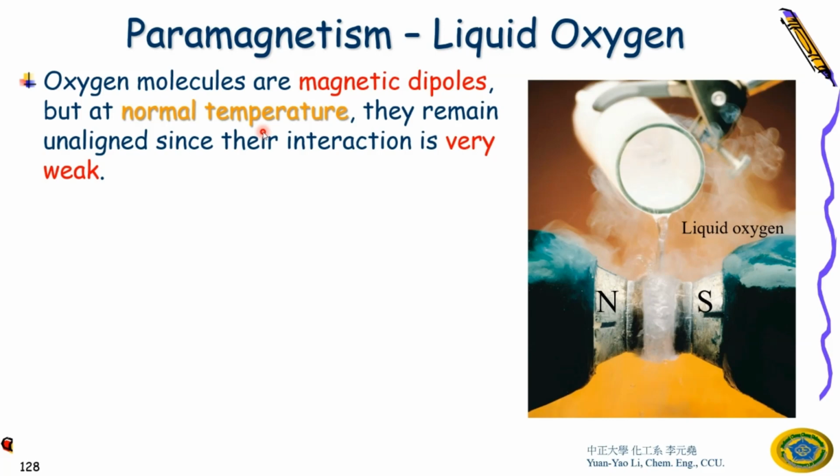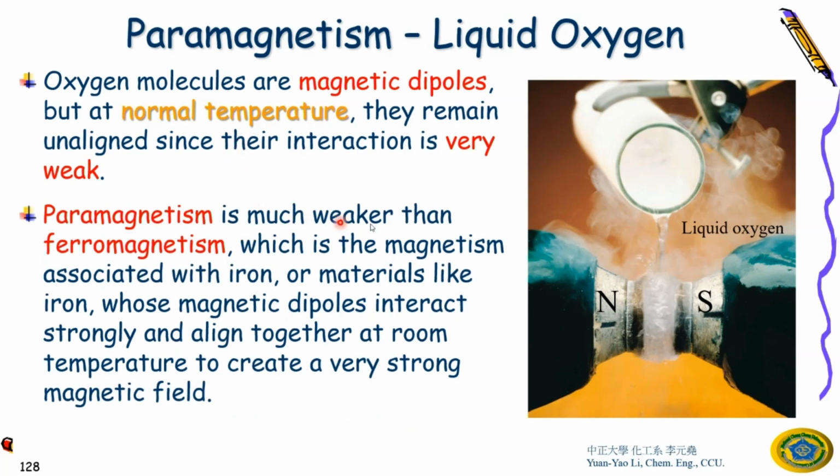So you need to go to a very low temperature, where thermal energy doesn't disturb the magnetic force. Paramagnetism is weaker than ferromagnetism, the magnetism of iron or similar materials, whose magnetic dipoles interact strongly and align together at room temperature to create a very strong magnetic field. Here I want to show you a video of this very interesting experiment.